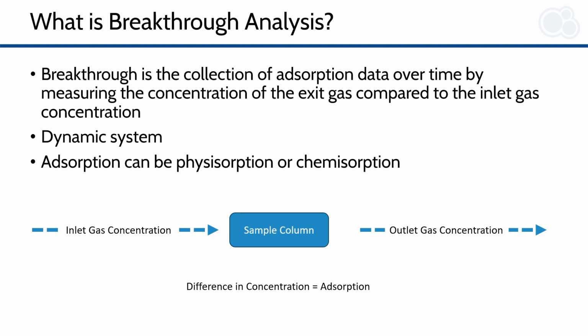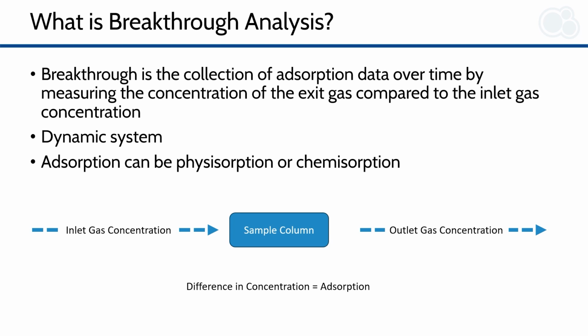More or less, what's happening during a breakthrough experiment is you're charging your sample column with some sort of inlet gas that may contain some inerts, some adsorption gas, and maybe some contaminants as well. Then in the sample column, the adsorbent material adsorbs the target analysis gas, and the rest of the gases proceed through the column.